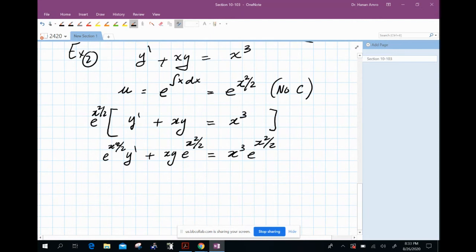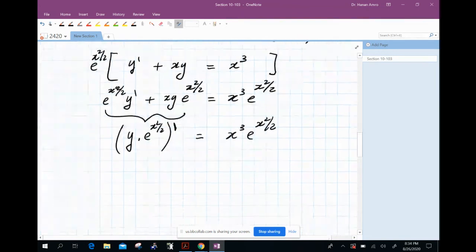Good. So if you think about what's on this side, that's y times e to the x squared over 2, and you're taking the derivative of that because that's a product rule, and that stays the same.